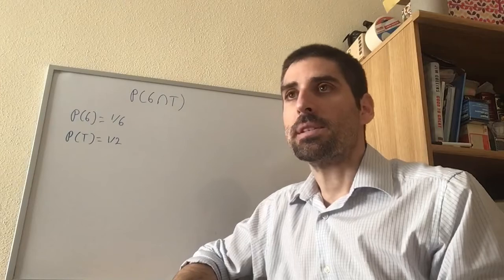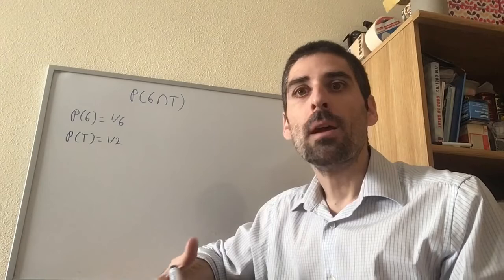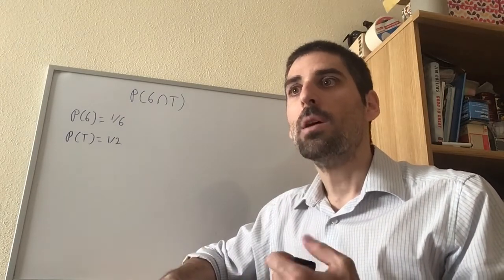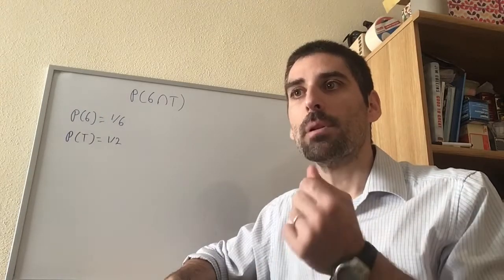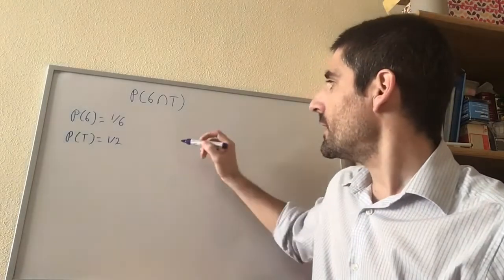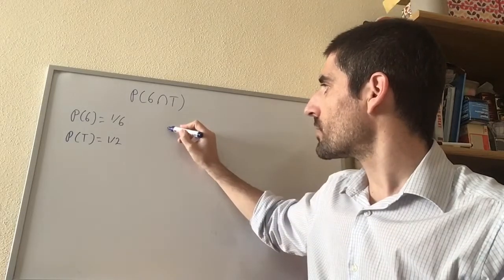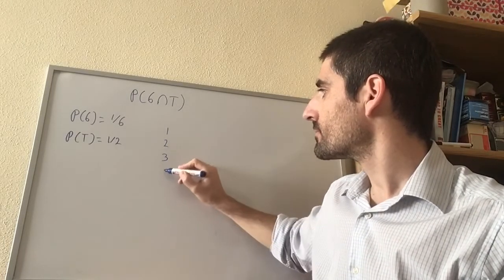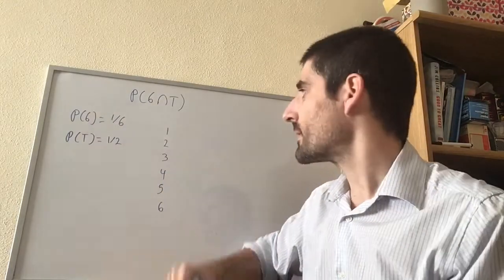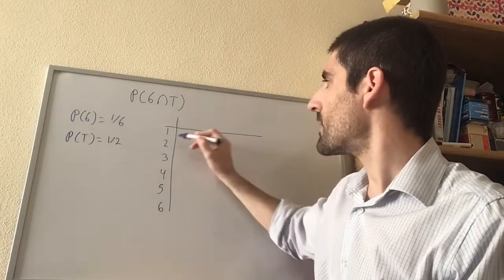But in order to answer the question and to show you where the answer comes from, so it hopefully helps you understand, I'm going to try to help myself with something called a sample space diagram. Here on the rows, I'm going to write down the possible outcomes of rolling the dice.